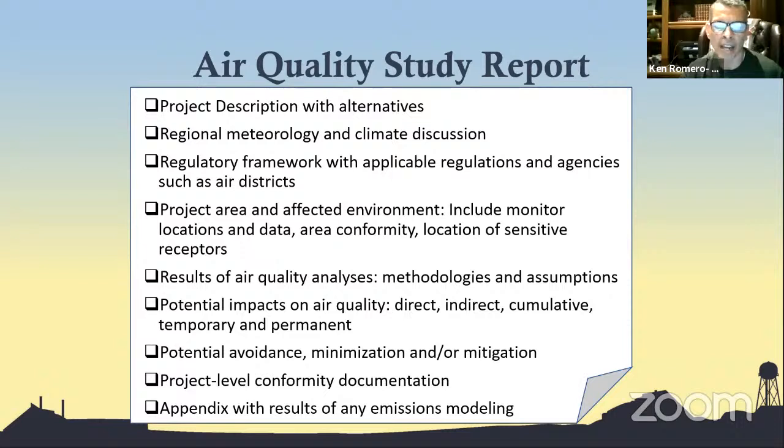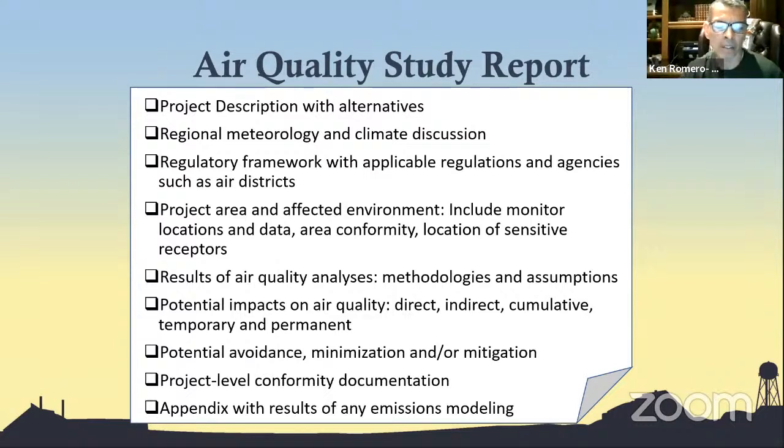So we are under that requirement. And if it's a project that we consider regionally significant, we have to get conformity determination from Federal Highways. This project falls under that requirement. So we do have to follow project level conformity, as well as regional conformity requirements for this project, with the coordination with EPA as well.